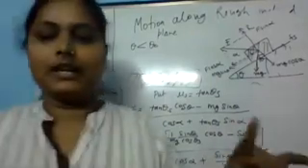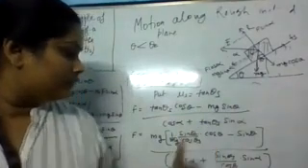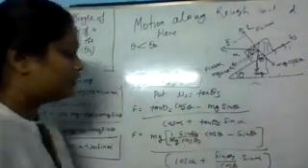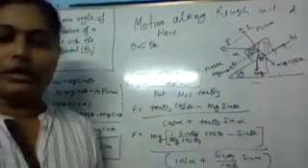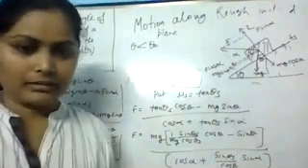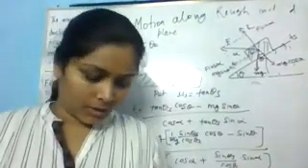Cos A cos B plus sin A sin B. Same as above, sin A cos B and here cos A sin B. This is a trigonometrical formula forming here.